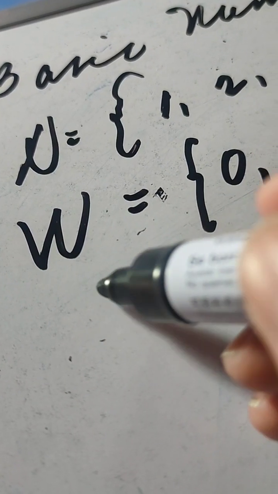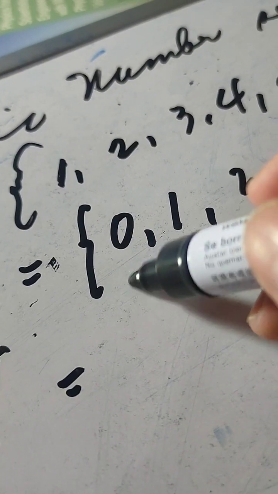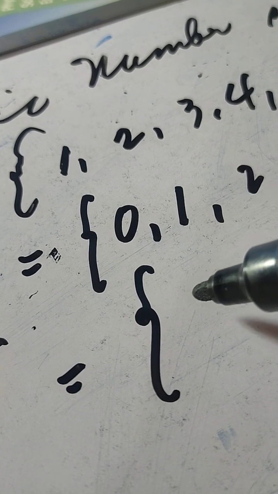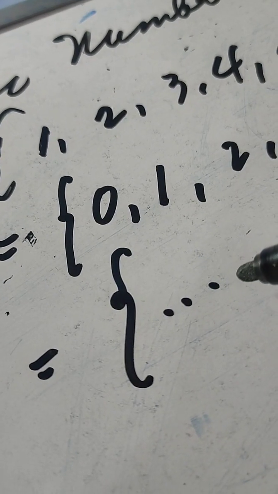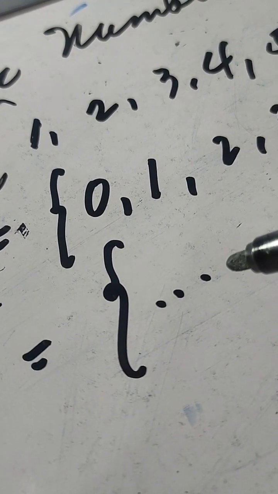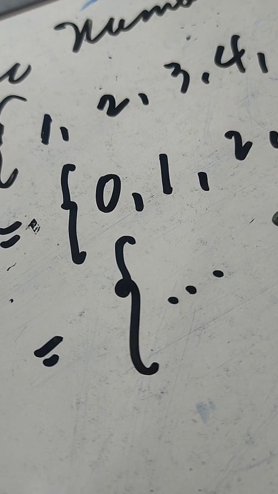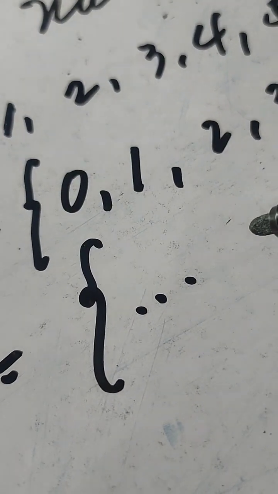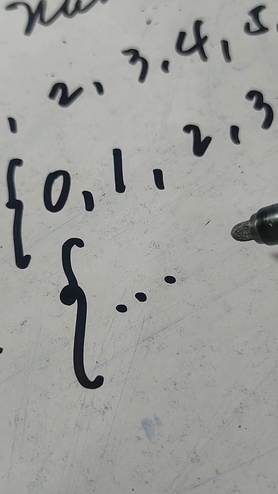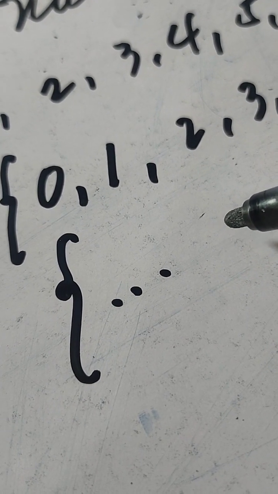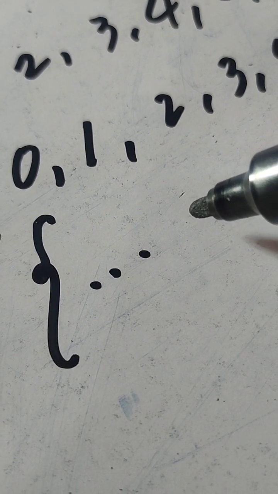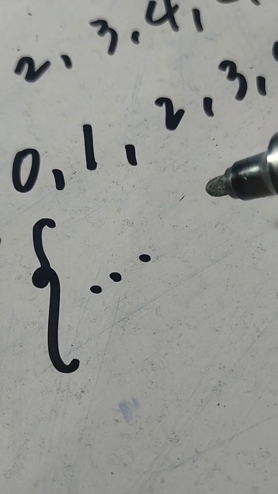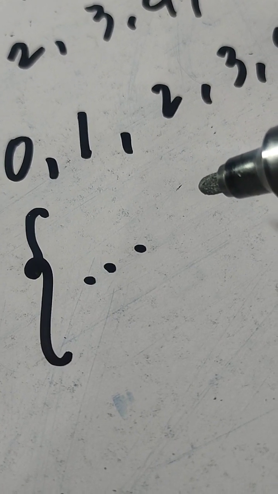So the next is integers. We have to start with an ellipsis because there are several numbers before these figures, and it is infinite going to the left side of the number line system, because our sets of real numbers could be understood better using the number line system, which I'll show to you later on.